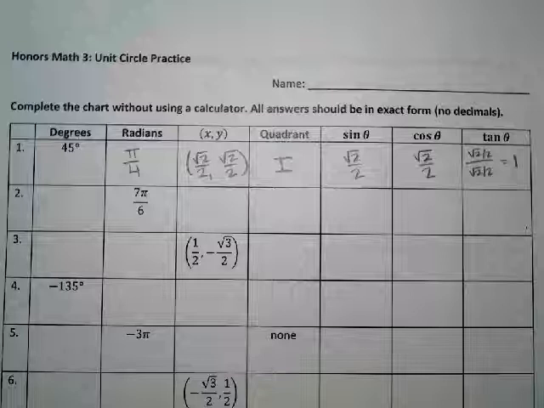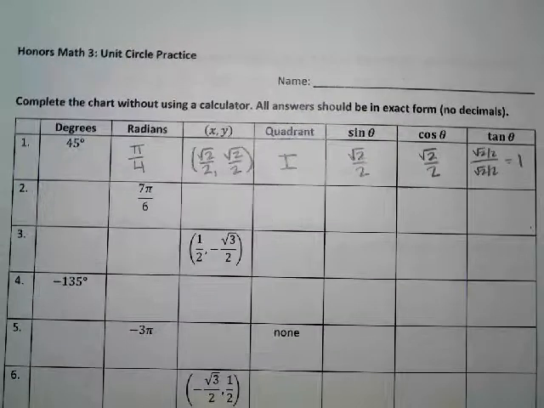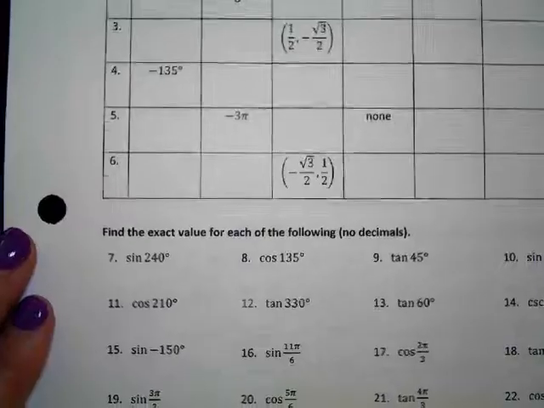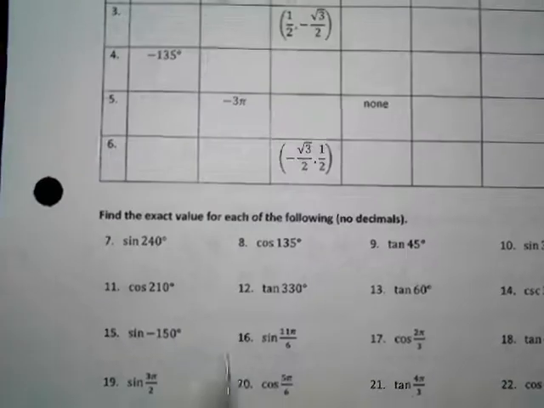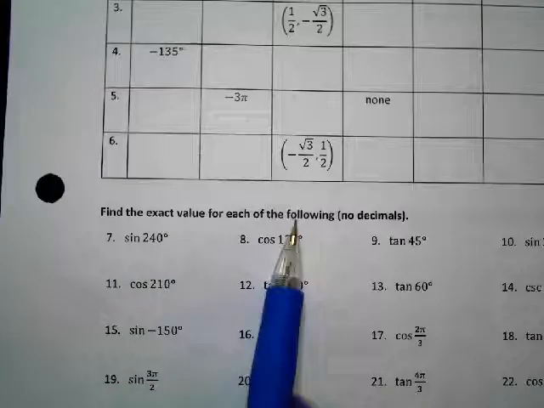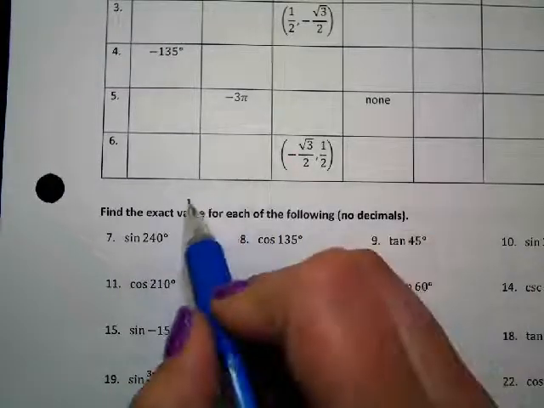Let's go down to the next section. It says find the exact value for each of the following. Anytime they say exact value, they mean use your unit circle. Use your unit circle.